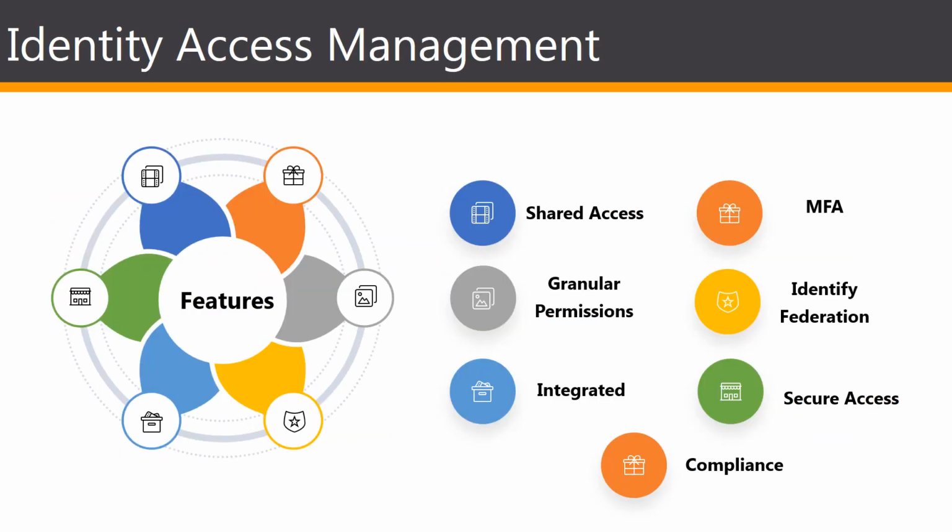There are a number of features that IAM gives you. For example, it gives you shared access to your AWS account. You can grant other people permission to administer and use resources in your AWS account without having to share your password or access key. You can grant different permissions to different people for different resources.